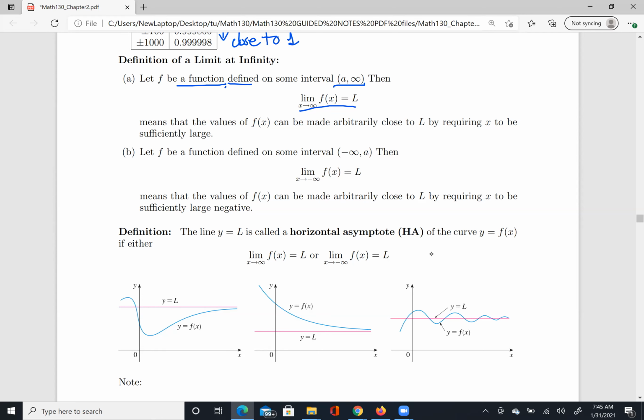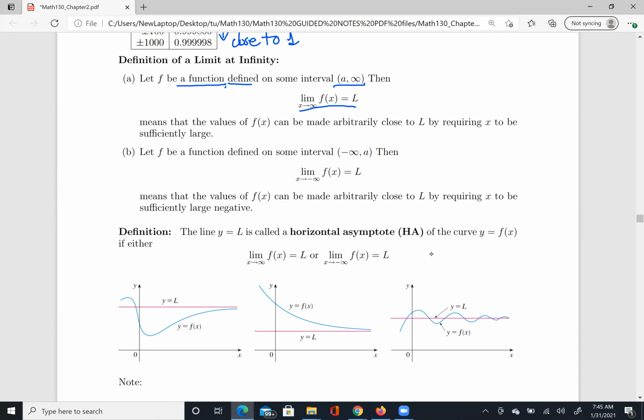B, let f be a function defined on some interval from negative infinity to a, then the limit of f(x) as x goes to negative infinity equal to L means that the values of f(x) can be made arbitrarily close to L by requiring x to be sufficiently large negative. Okay, so another definition.